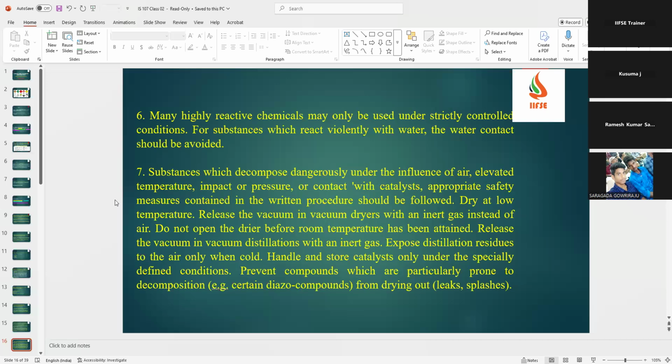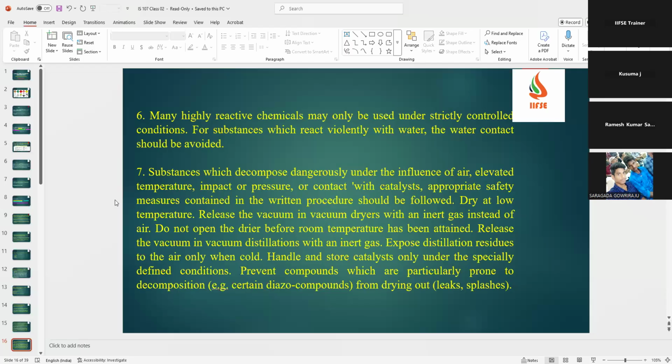It will not be involved in the reaction, in the sense that in the end product, once you have done your chemical reaction, the catalyst substances will not be there. It is just an encouragement or a boosting source for the reaction.